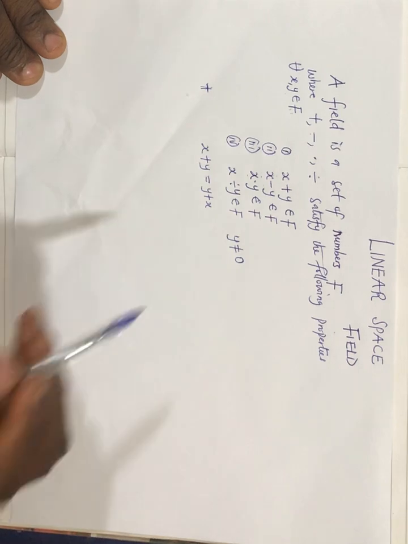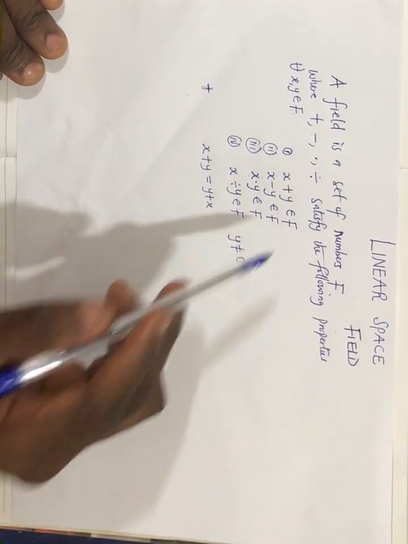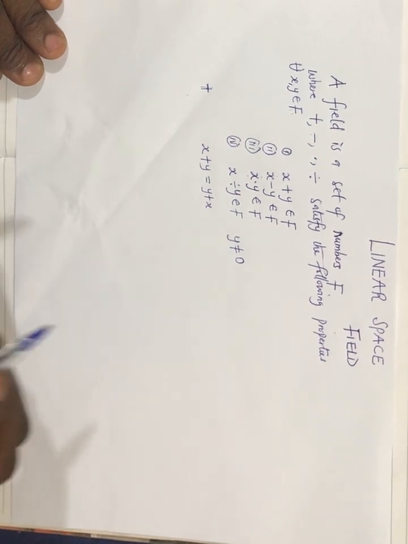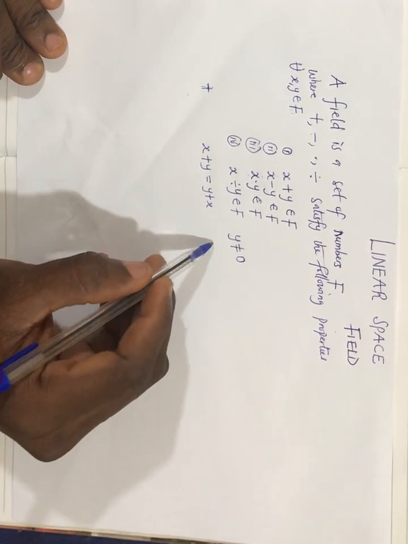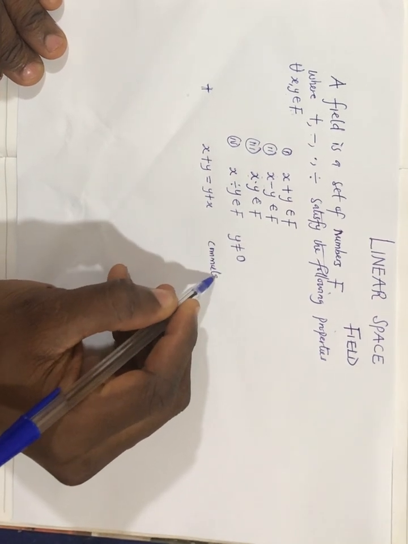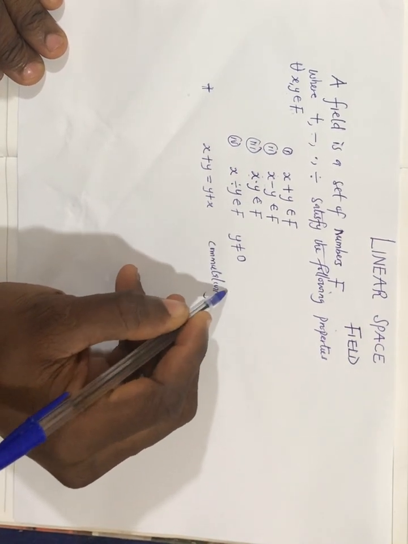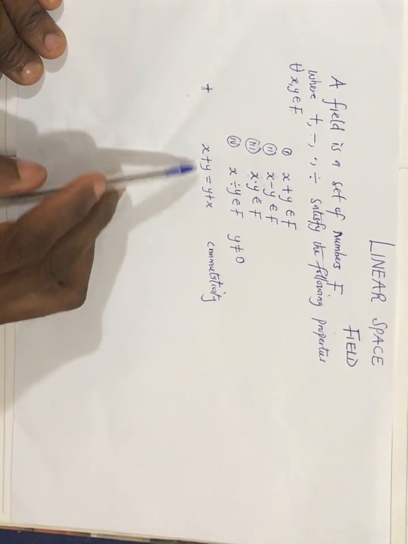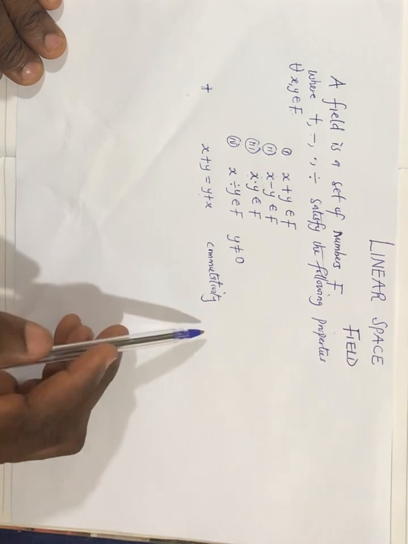Hence, you see that elements of F satisfy commutativity. We call this property the commutative property. So we say that the elements in F satisfy commutativity.